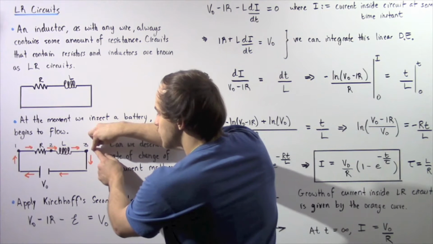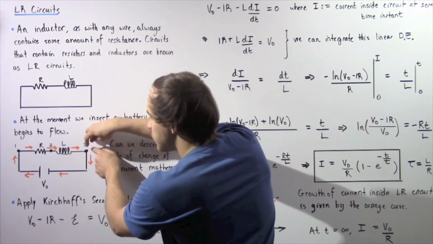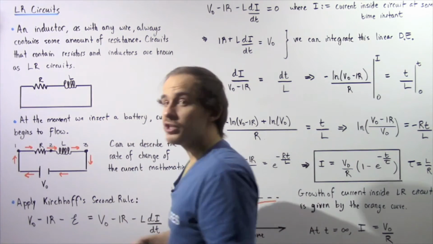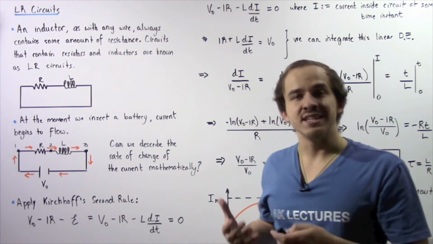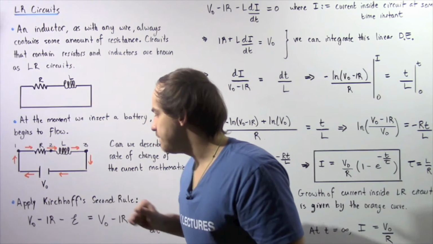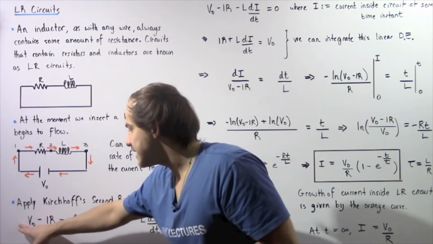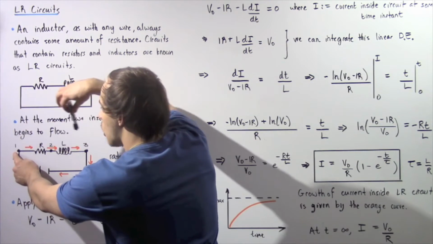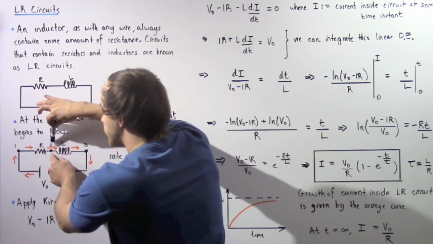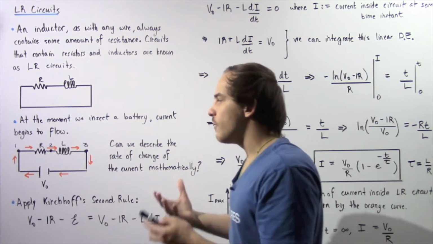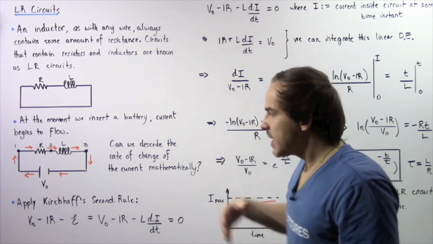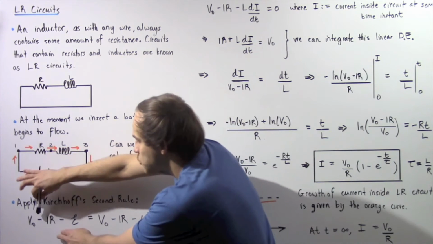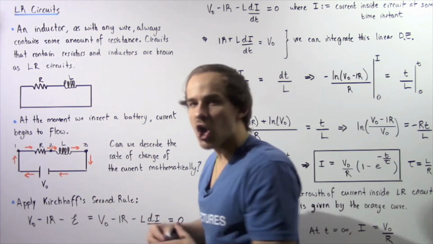When our electric current flows from point 3 through this battery to point 1, it essentially gains a quantity of voltage given by V0, and that is expressed in this form. When our electric current flows from point 1 to point 2, it loses voltage. The voltage drops as a result of this resistor, and that means we subtract I times R.